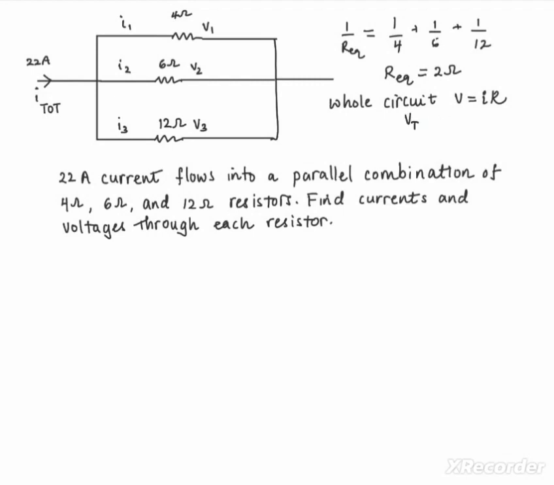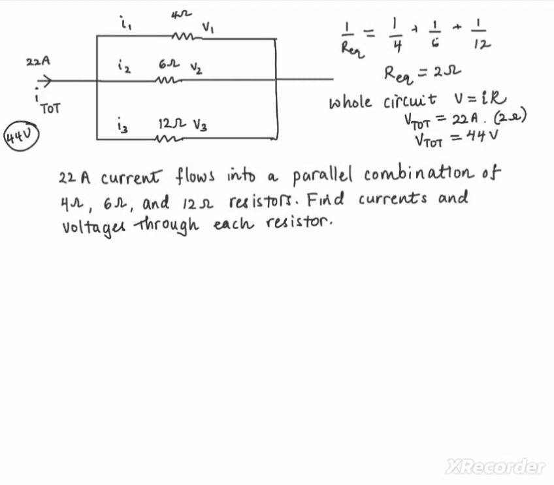So V total is equal to I total, which is 22, times R total, REQ, which is 2. So V total is 22 times 2, which is 44 volts. So 44 volts is what we have as our total voltage.